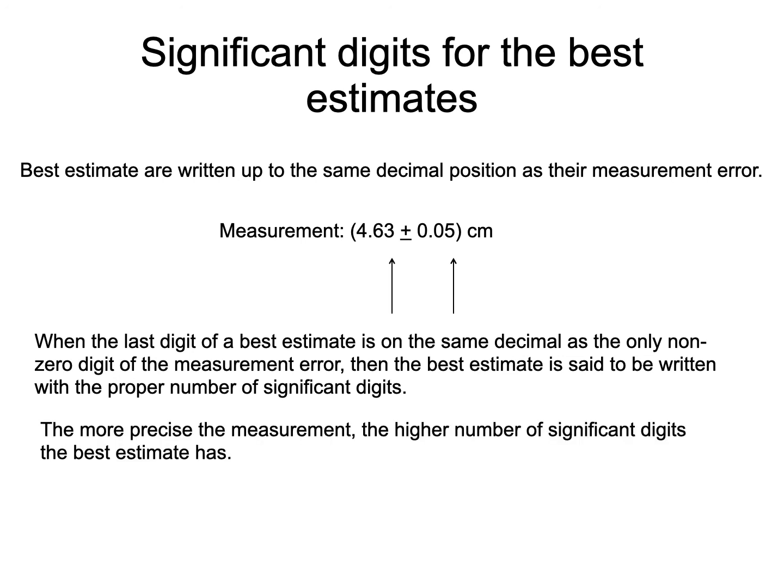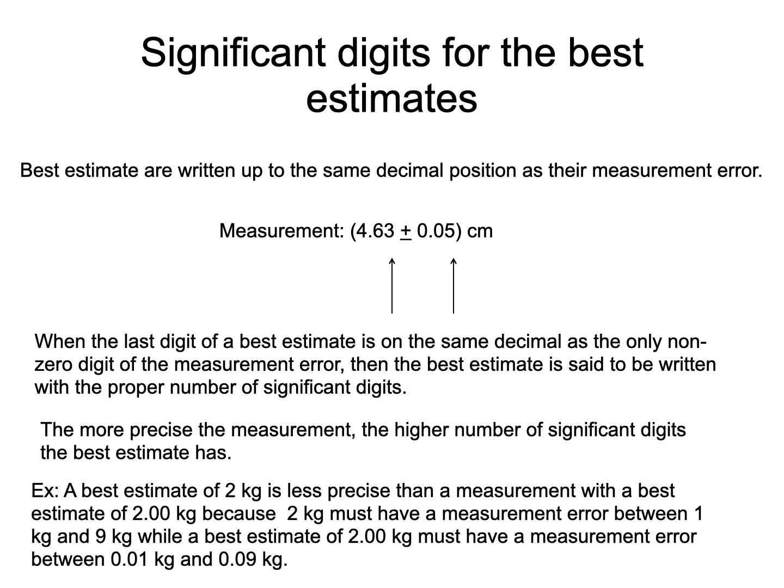The smaller the measurement error compared to its best estimate, the more significant digits the best estimate has. If you compare a best estimate of 2 kilogram with a best estimate of 2.00 kilogram, you can tell that the second value was obtained with a more precise instrument.